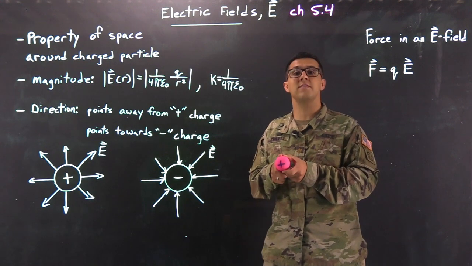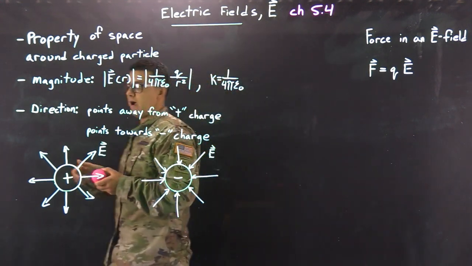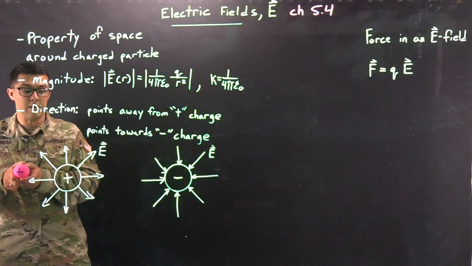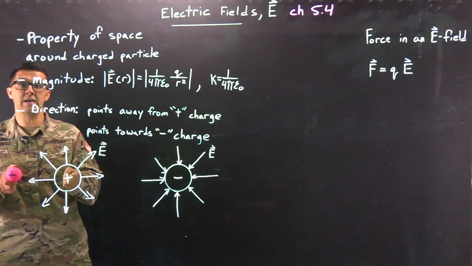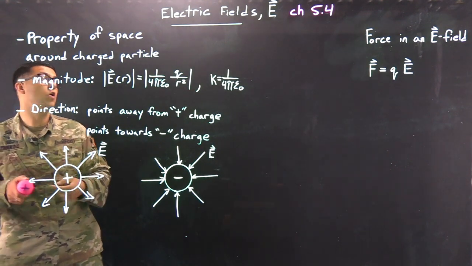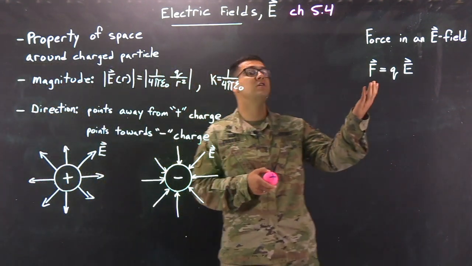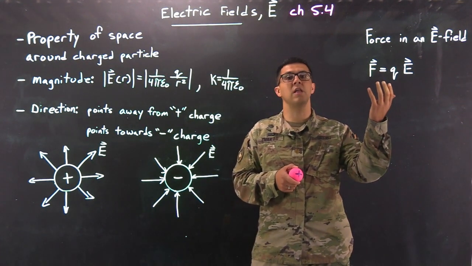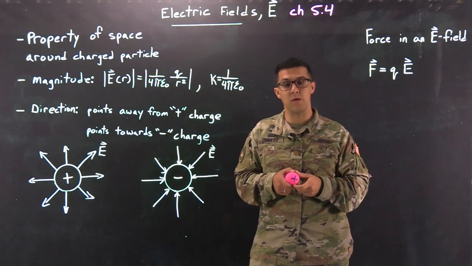Now, let's try it with the positive charge. I come over here, I place the positive charge right here. The positive charge next to an electric field that's pointing away is going to be repelled. When I go back and look at my force equation, I see that that's also consistent, that it's going to be in the same direction as the field lines and it's going to be repelled. Let's look at that one more time.